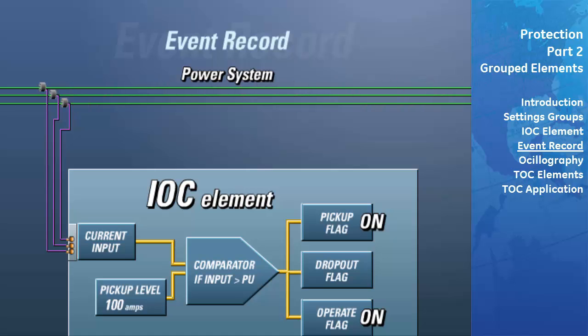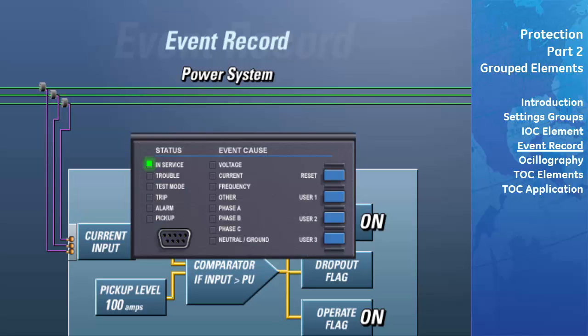Since the target field was programmed to be latched, the UR will also indicate on the front panel that there is a fault in the following manner. The pickup LED will turn on, indicating that at this very instant there is an active fault condition. The current LED will turn on, indicating that the type of fault present is current-based.